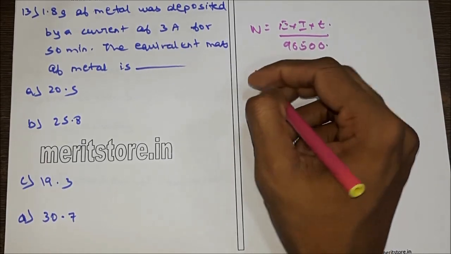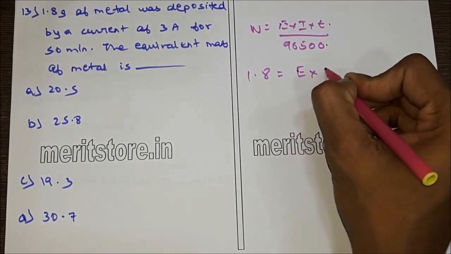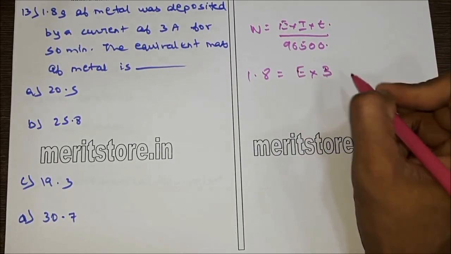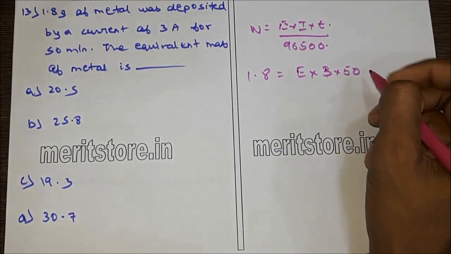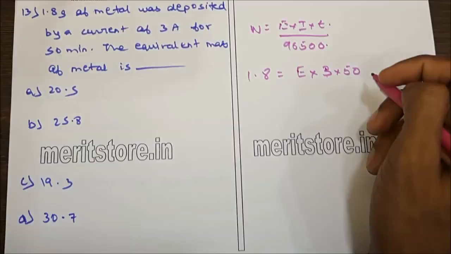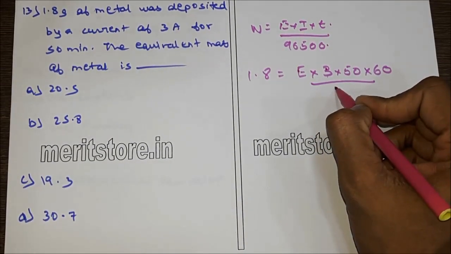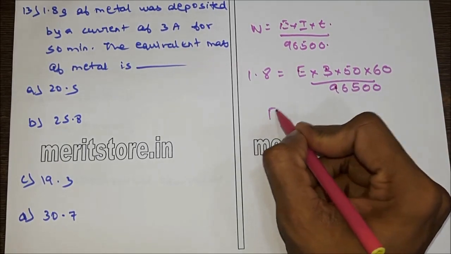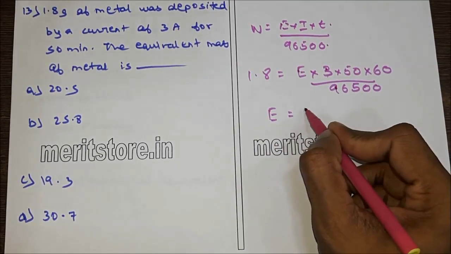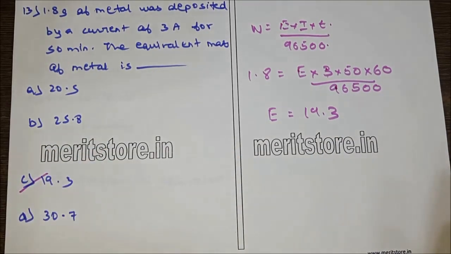We have W as 1.8, where we need to find E. We have I, that is 3 ampere, and time as 15 minutes, which we convert into seconds. We get 15 into 60 upon 96,500. Therefore, we solve for E, which we get as 19.3. Our answer matches with option C. Therefore, option C is the correct answer.